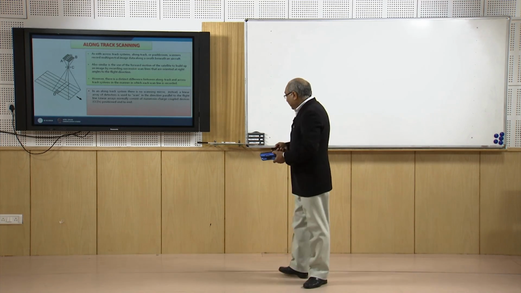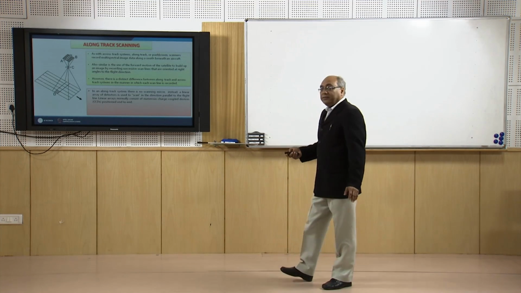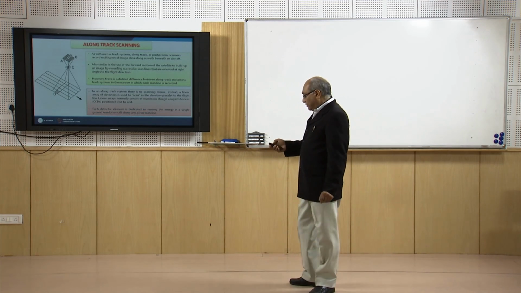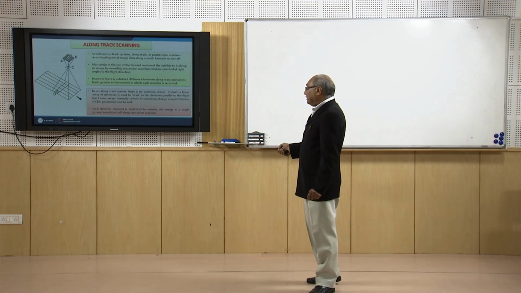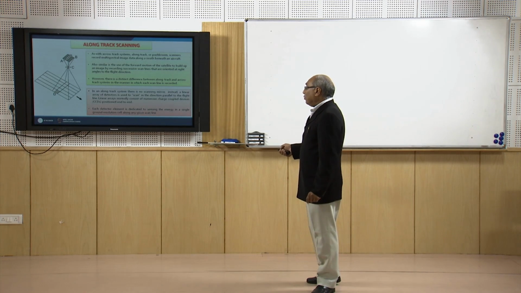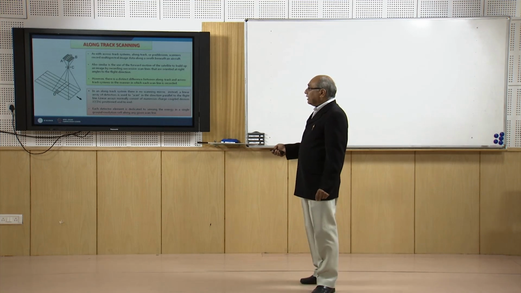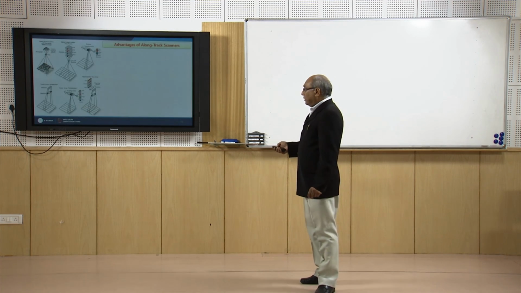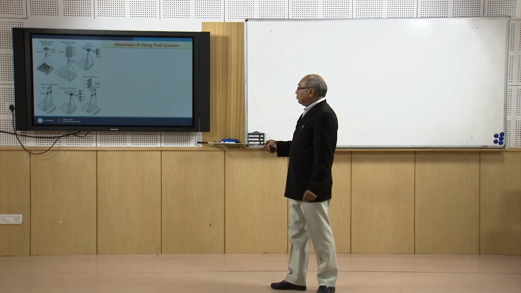Because it does not involve any oscillating or optomechanical devices, the images are of high quality. Each detector element is dedicated to sensing the energy in a single ground resolution cell along any given scan line. Along track scanning devices are nowadays very popular and common in most of these new satellites.